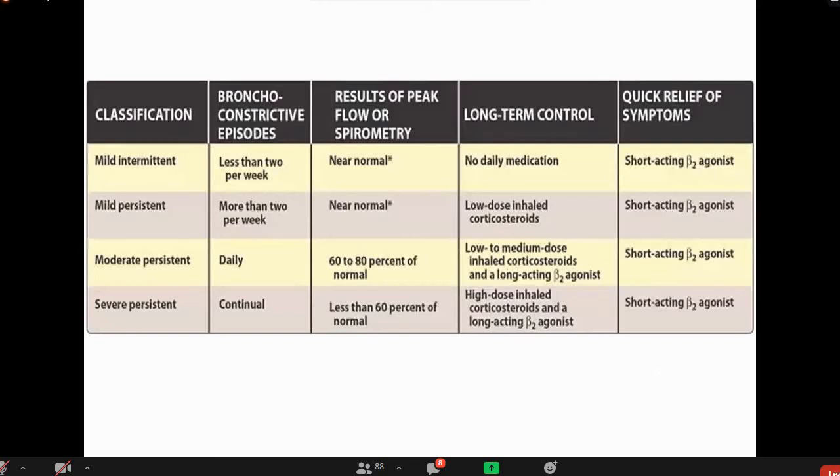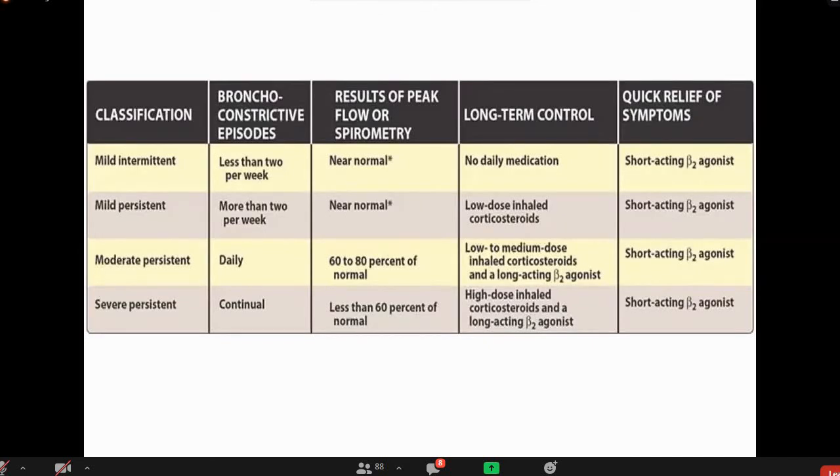Now, this slide is very important, right? So, clinically, we can classify asthma as mild intermittent, mild persistent, moderate persistent, or severe persistent. Bronchoconstrictive episodes, less than 2 attacks per week.